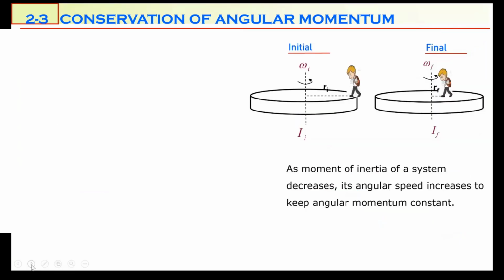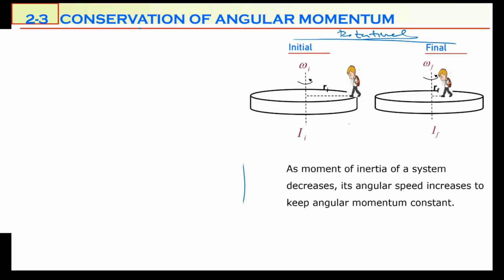Then I will continue with the next step, but this conservation has a very interesting result. Remember, in translational motion, we are changing the mass. What is the rotational analog of mass? Moment of inertia. So in rotational motion, we will change the moment of inertia. A change in moment of inertia will cause a change in angular speed.